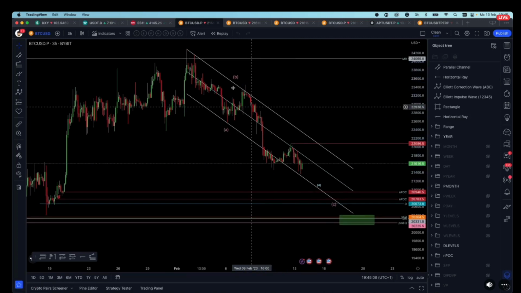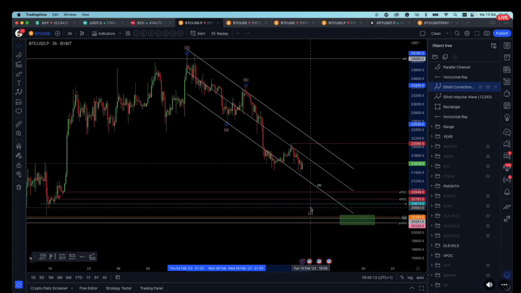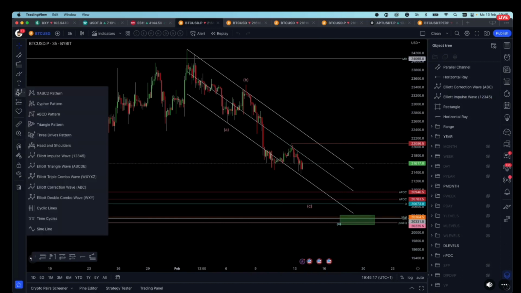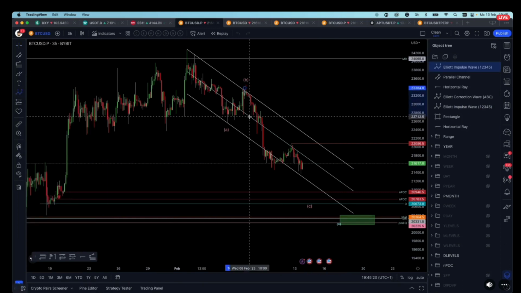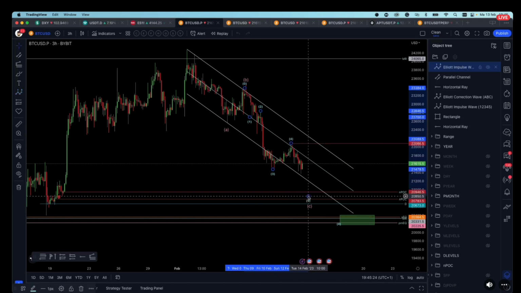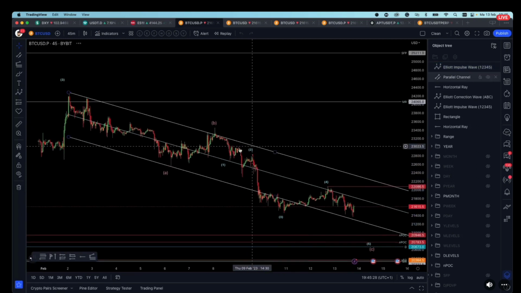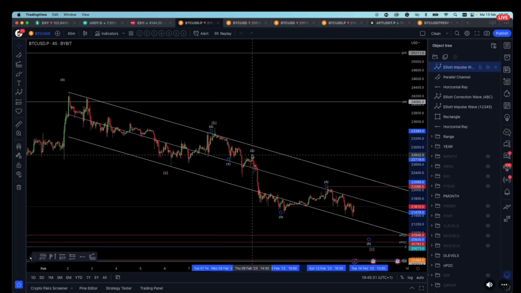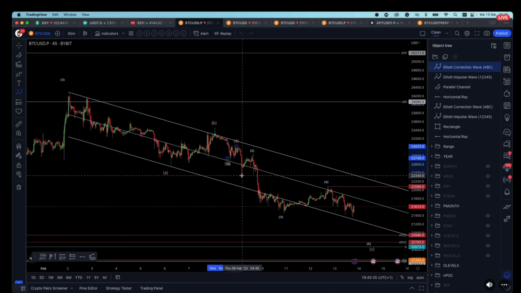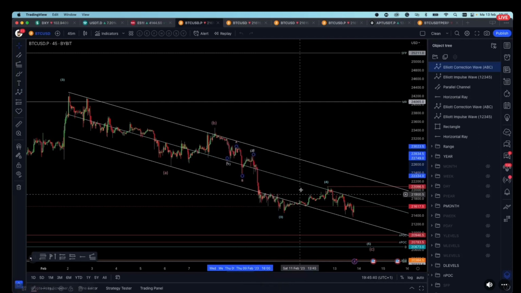What I would go for is this ABC move. And this is then 1, this is 2, this is 3, this is 4, and this is 5 somewhere below. And here you have A, B, C. So this is an irregular flat, sideways.